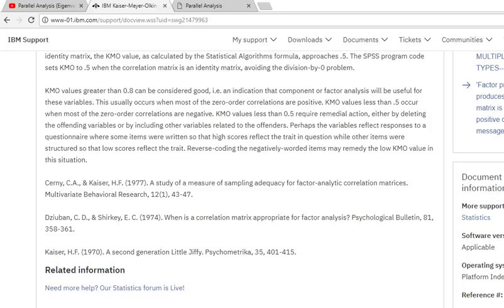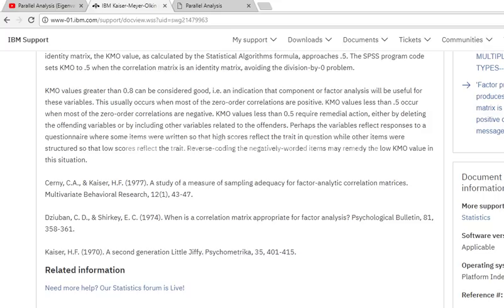KMO values less than 0.5 would be those that might require remedial action. KMO values greater than 0.8 can be considered good, and an indication that the component or factor analysis will be useful with the variables. And I've also seen suggestions or rules of thumb that 0.60 or above would be considered reasonably acceptable, although it is still on the low end.